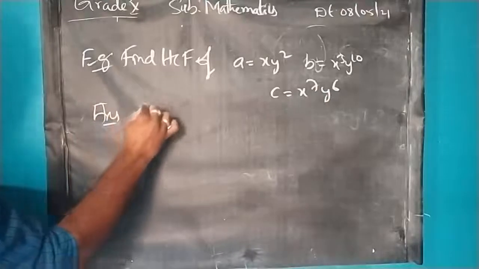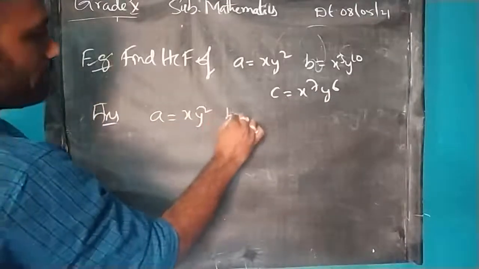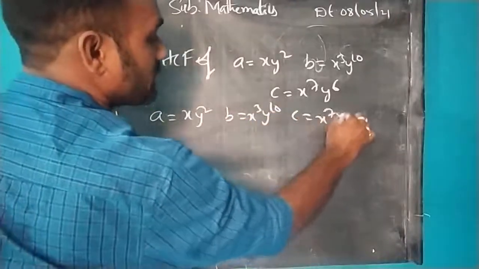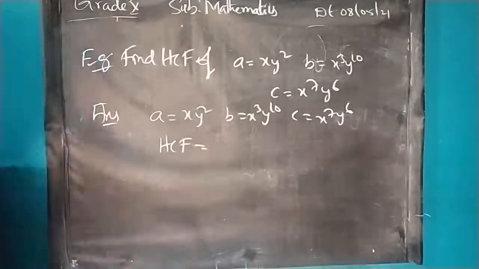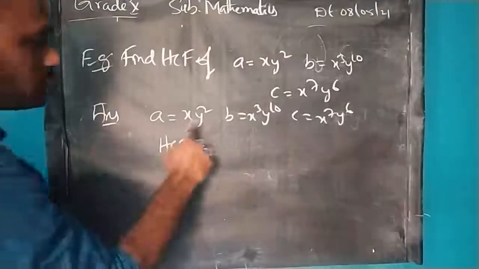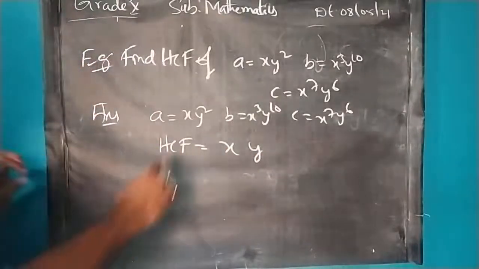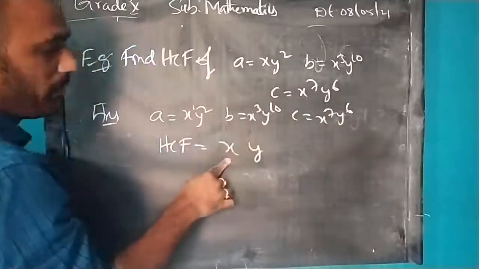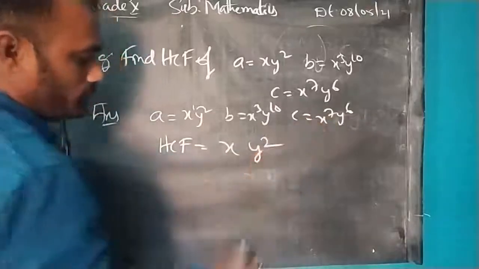Answer here. Given three variables, a is xy square, b is x cube y power 10, and c is x power 7 y power 6. Since he is asking for the HCF, we have to concentrate on the total variables. So x and y are the total variables, and we have to take the lowest powers. So x is having here power 1, here power 3, power 7. So x we have to take power 1. Y is having y power 2, y power 10, y power 6. We have to take y power 2.